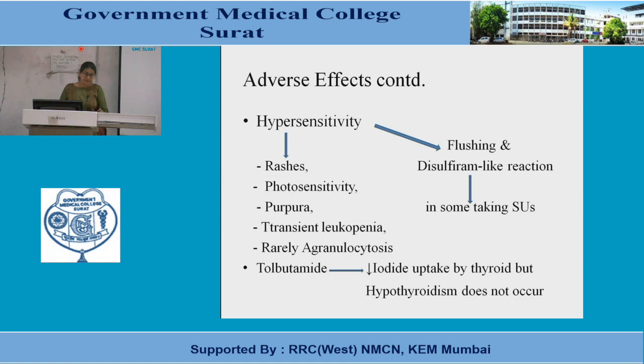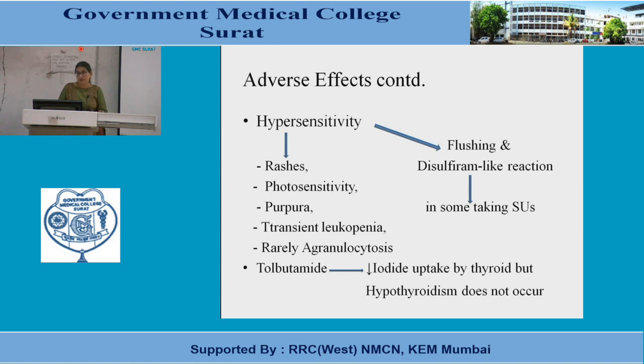There is another much talked about and important side effect, which is hypersensitivity. Hypersensitivity could be in the form of rashes, photosensitivity, purpura, transient leukopenia, or rarely agranulocytosis, or it could be in the form of flushing or disulfiram-like reaction.